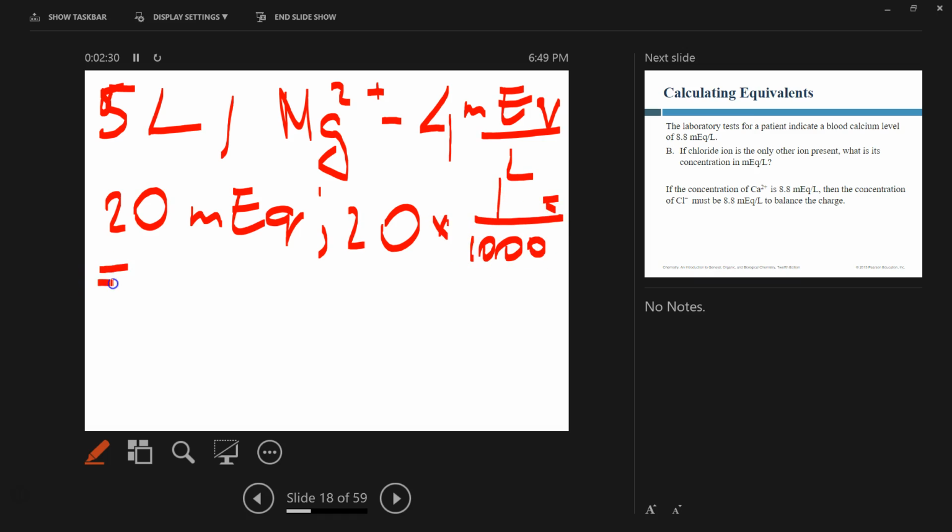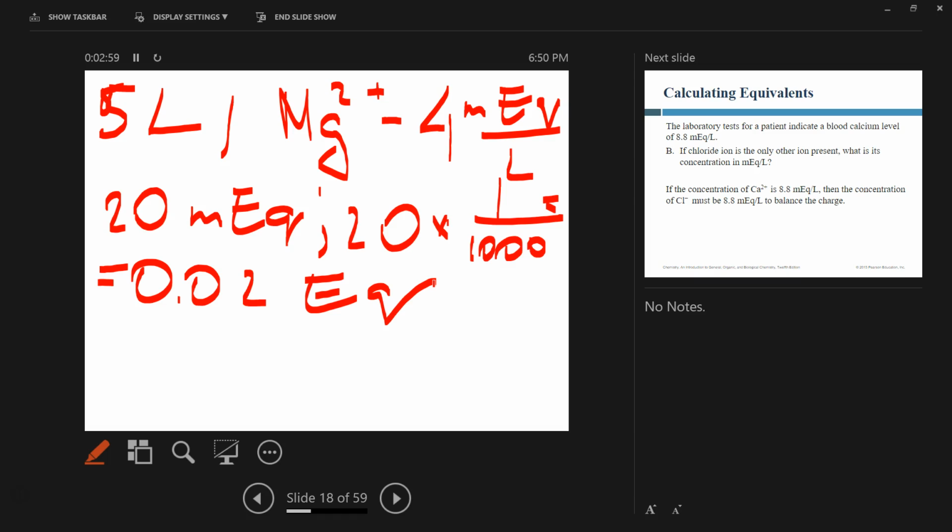So that gives us 0.02. Is that right? Yes, it's correct, and the unit will be equivalents. Does that make sense?